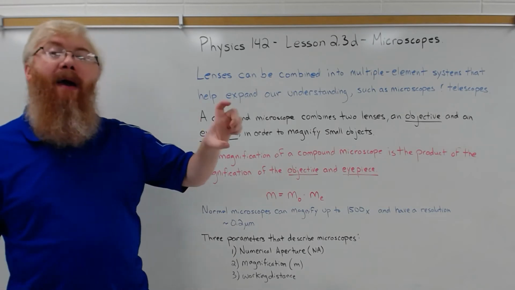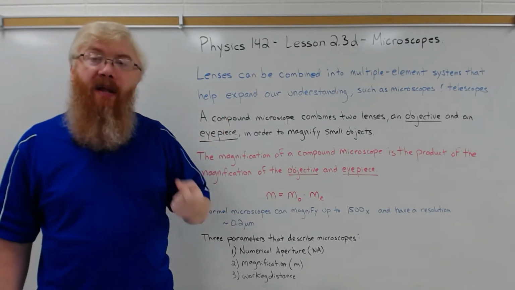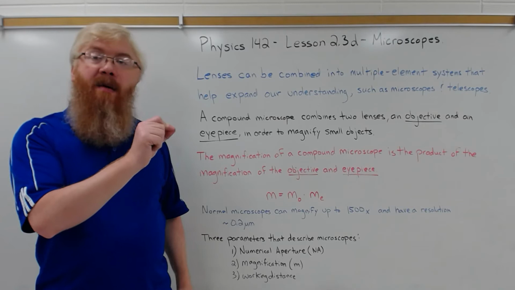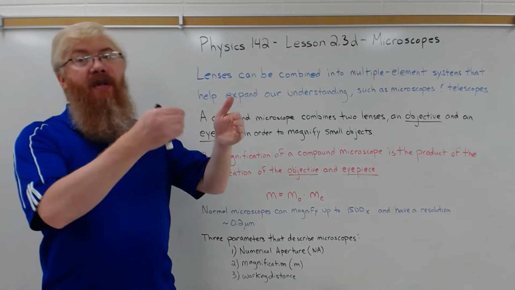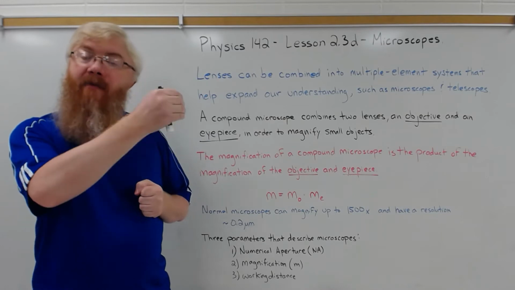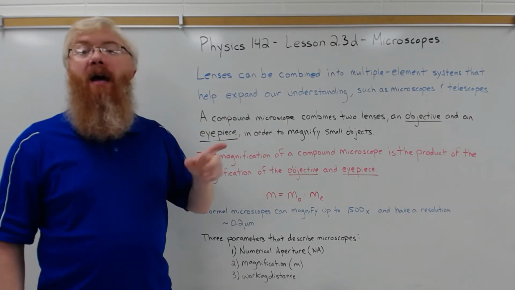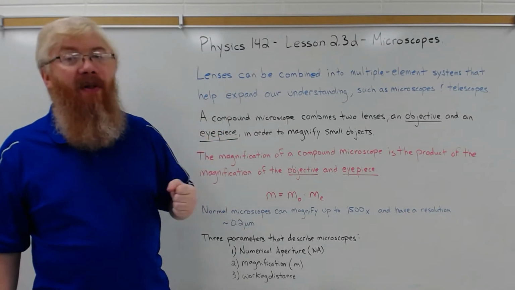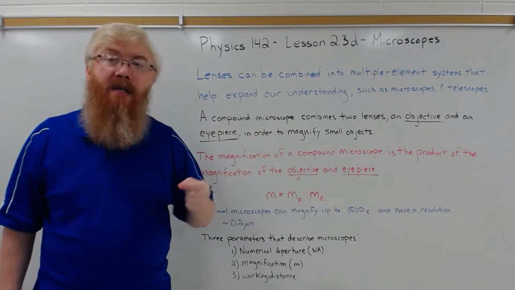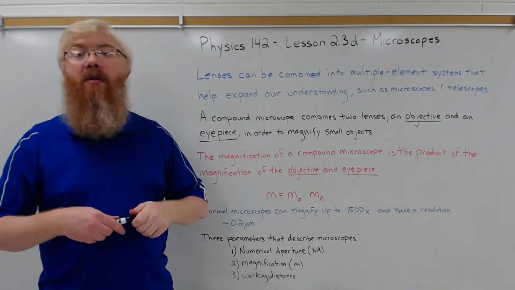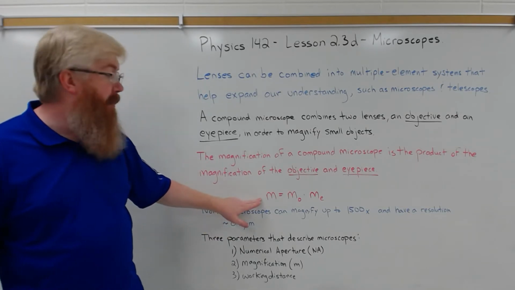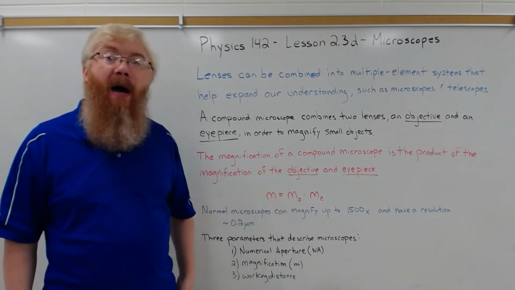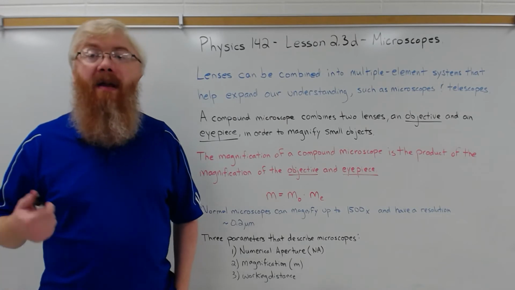Then, knowing where the image is for lens number one, the image of lens number one becomes the object of lens number two. So you measure the object distance between the first image and the eyepiece, given the focal length of the eyepiece, calculate what the image distance is, and then you can calculate the magnification of the eyepiece. And the total magnification of the microscope is the product of those two magnifications.